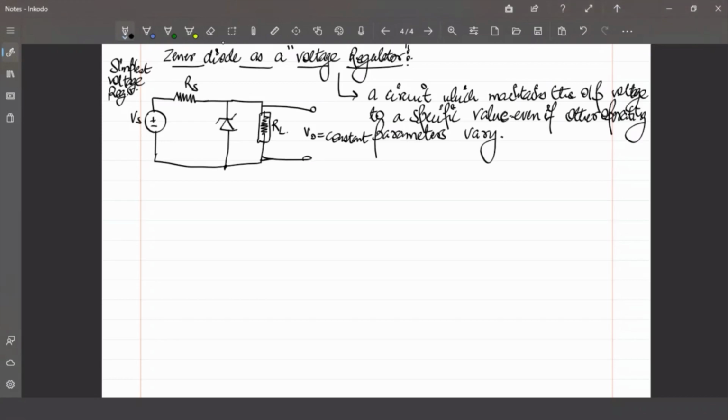Now, how will this device work as a voltage regulator? Because of this connection, there will be some current flowing through the device. Let me call this current the source current IS. Whenever we have seen the characteristics of the Zener in the reverse bias condition, because now positive is coming here and negative here, it is in reverse bias.